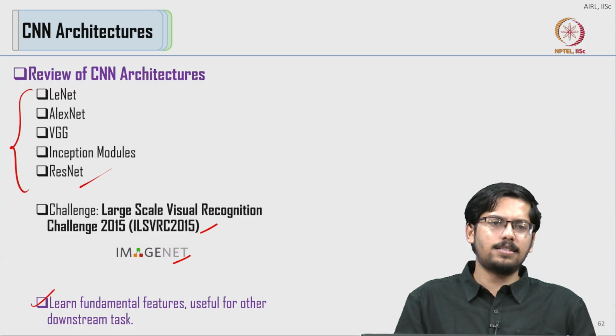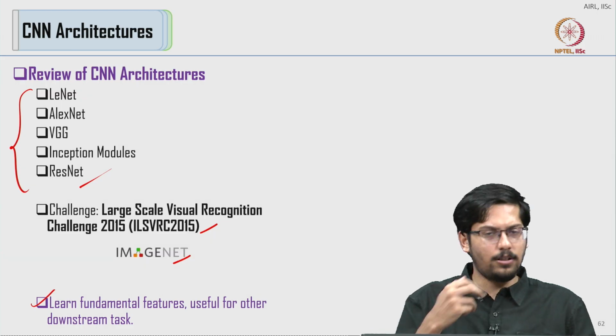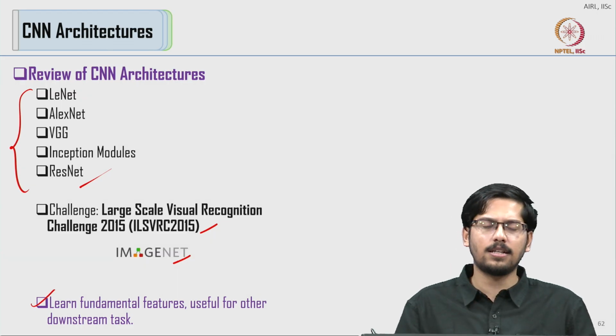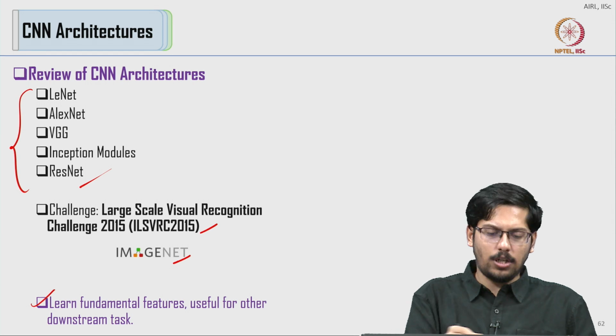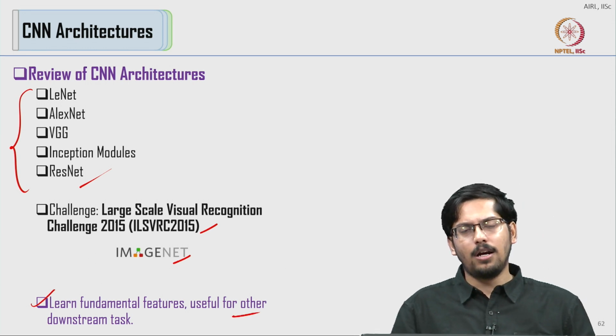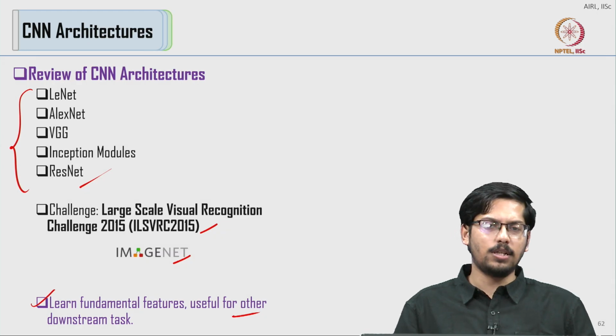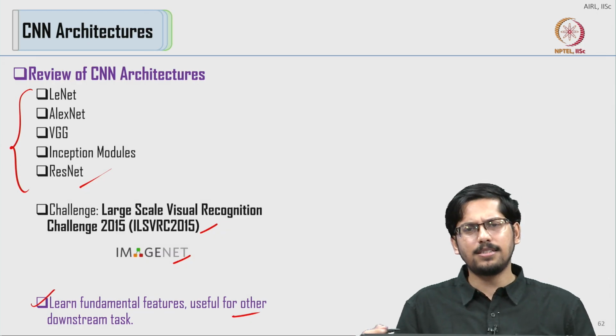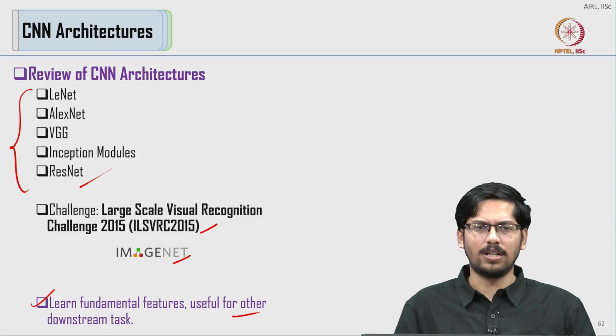Since the backbones learn this kind of information for a classification task, they could also be used for other downstream tasks, and hence these backbones have become quite crucial when developing other downstream tasks. This is something that we will discuss in the subsequent lectures.